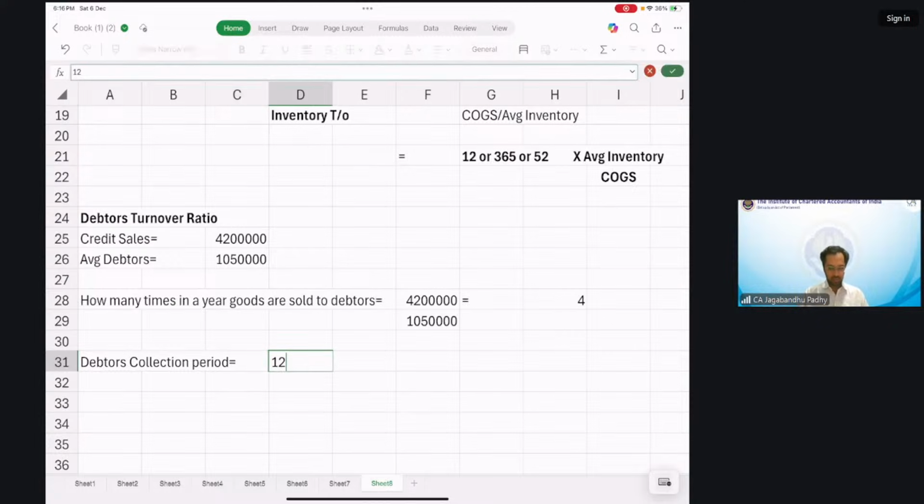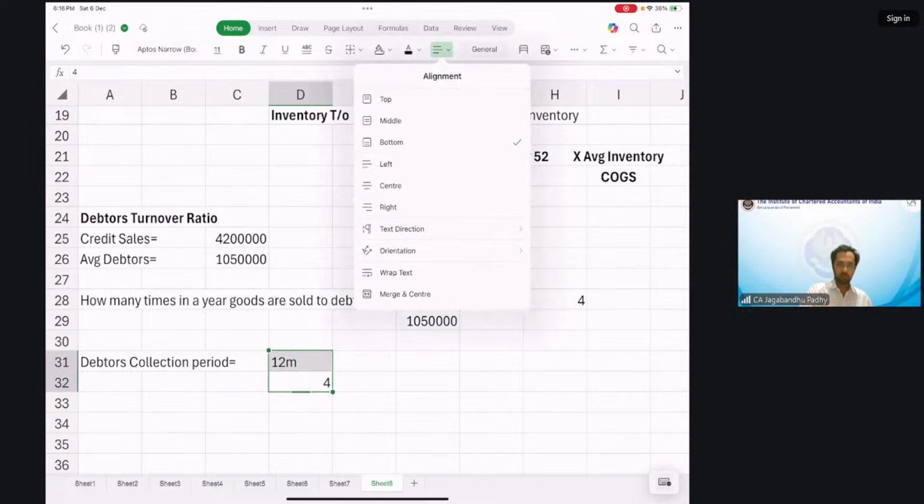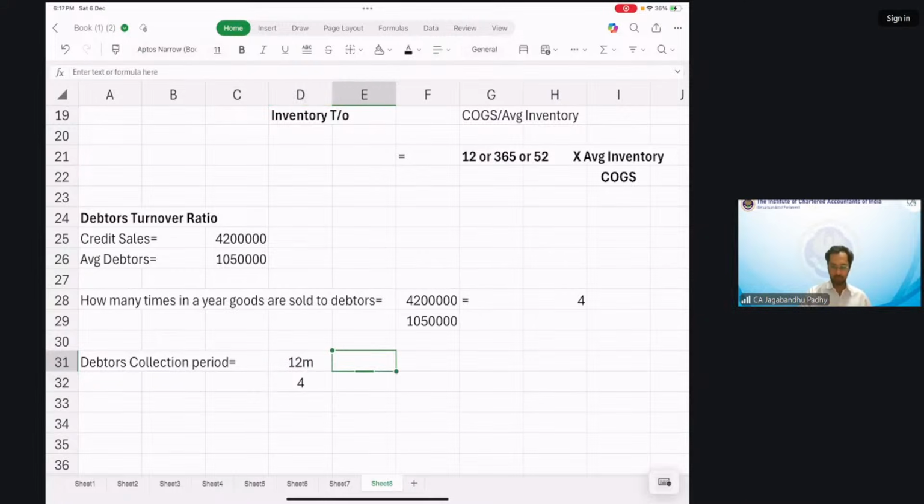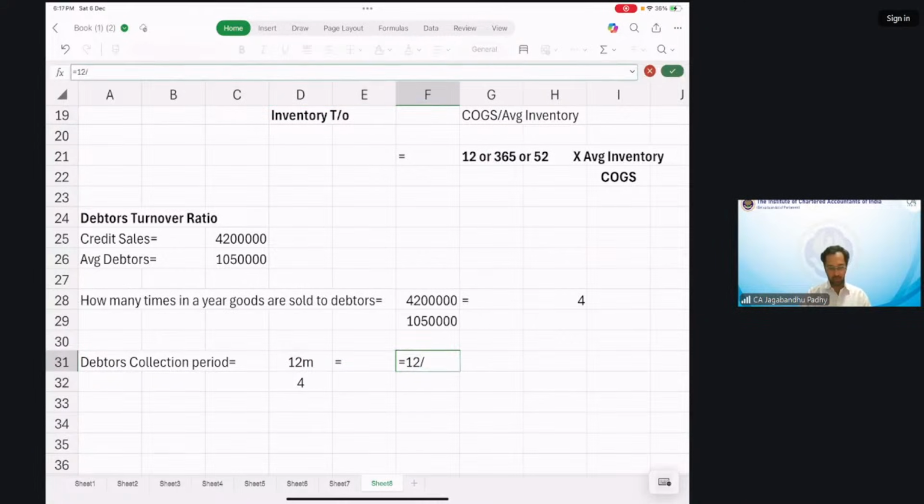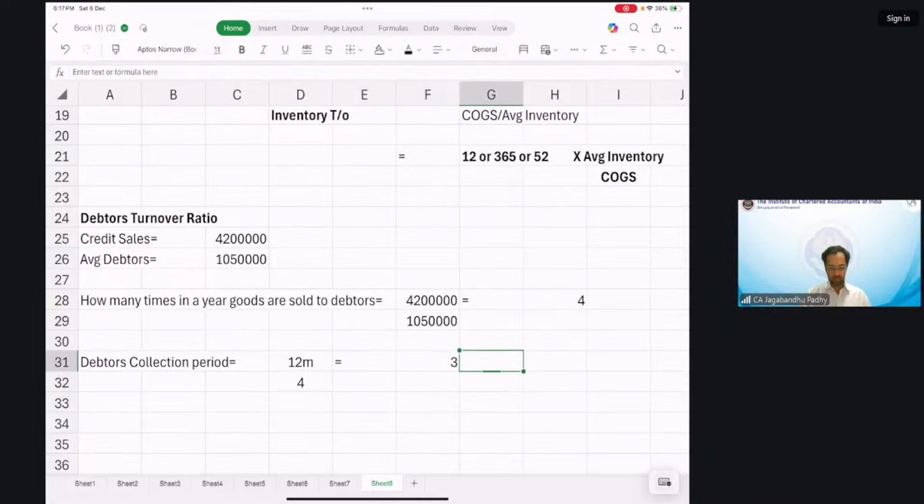Can I say since we have this as 12 months upon 4? So 12 months divided by 4, that's going to be 3 months. You are collecting the money in 3 months. So debtors collection period is 3 months. And that's we getting it as 12 months upon 4.